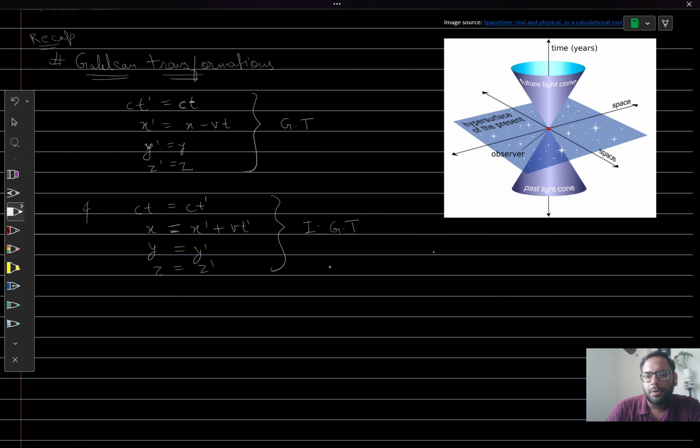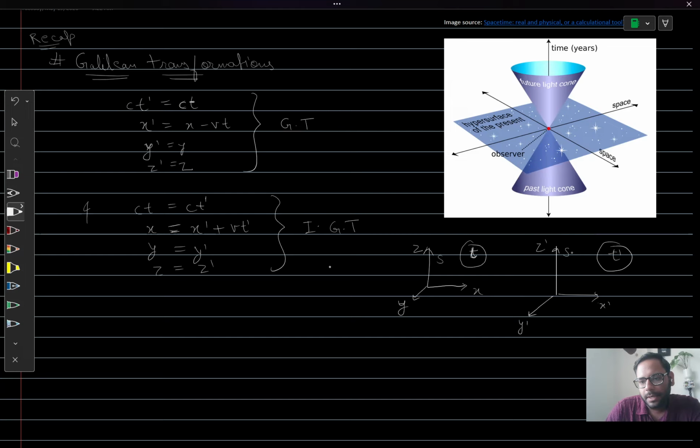So we had an S frame, which has coordinates x, y, z, and a time clock. And similarly we had some S prime frame, with the prime coordinates x prime, y prime, z prime, and a t prime clock.